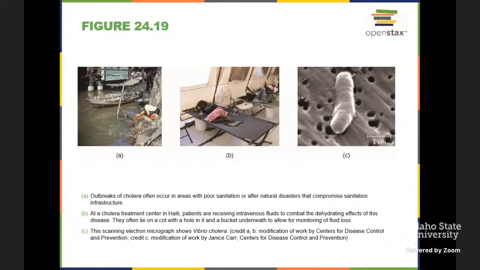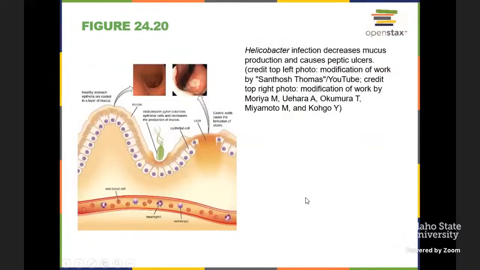All right. That is serious, massive dehydration, serious concerns. And the toxins cause very watery diarrhea through the release of the cholera toxin that causes these ill effects.